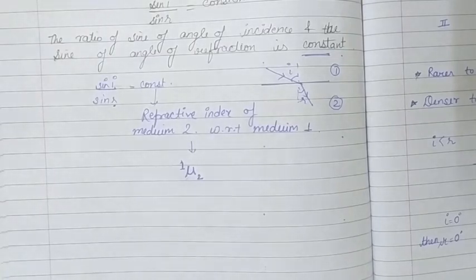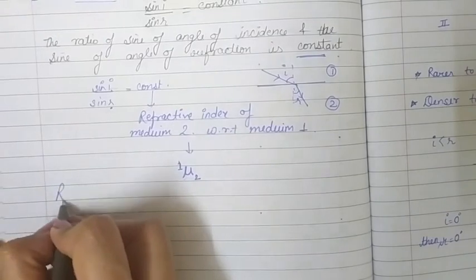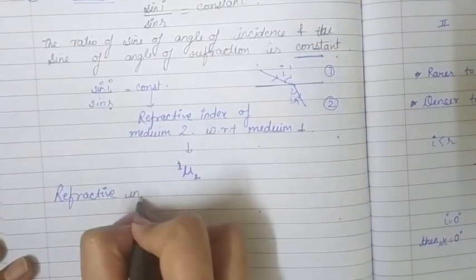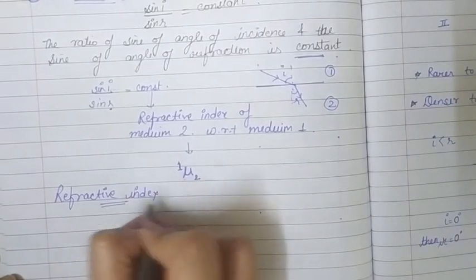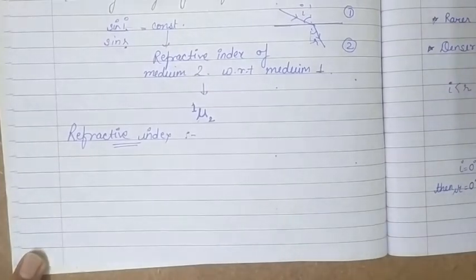Now what is refractive index? We say that this ratio is equal to refractive index, then we have to define the refractive index also. So let's talk about the refractive index of a medium. Now to understand refractive index, first we have to understand the fact that whenever light travels from one medium to another, its speed changes.